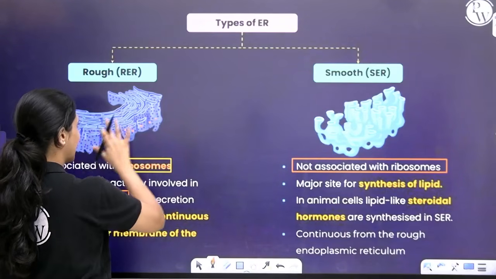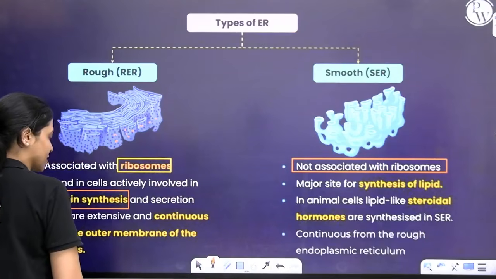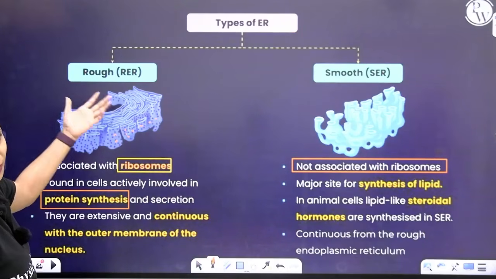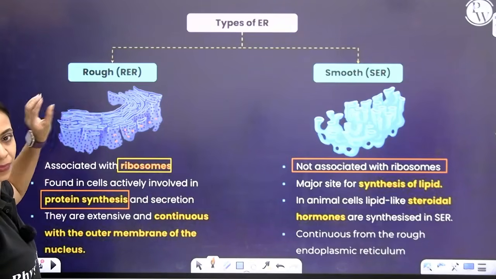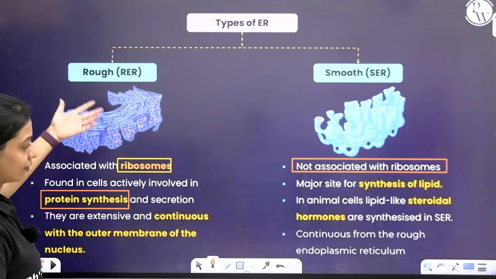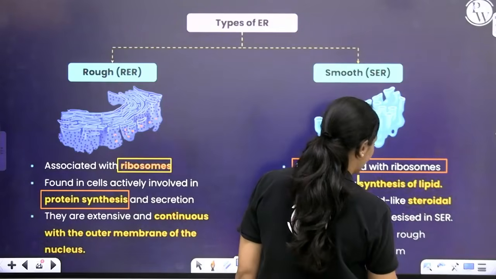It's creating a surface area for all of these ribosomes to synthesize their proteins. So, the rough endoplasmic reticulum will be found mostly in cells where protein synthesis is actively happening. Smooth endoplasmic reticulum is the site where lipid synthesis happens.